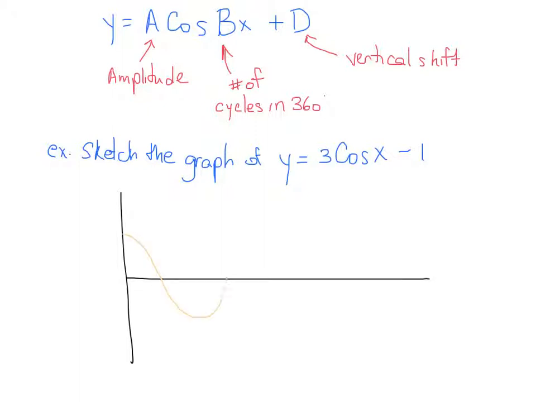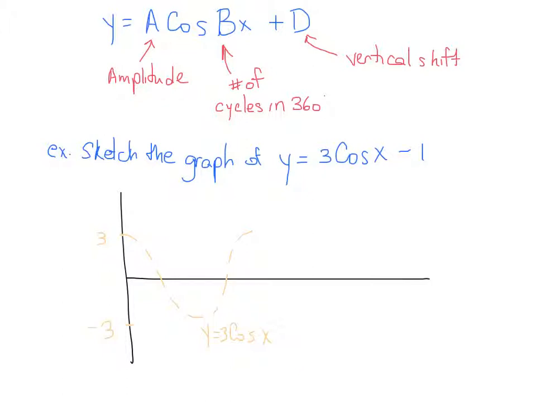It goes down and comes back up. It starts at the amplitude unless there's a vertical shift. It goes down to the negative amplitude, again unless there's a vertical shift. So I went ahead and graphed the easy part, which is 3 cosine x, no vertical shift yet. I'm going to make this dotted to make it clear that this is not what the question is asking for, but it does help us to see it.